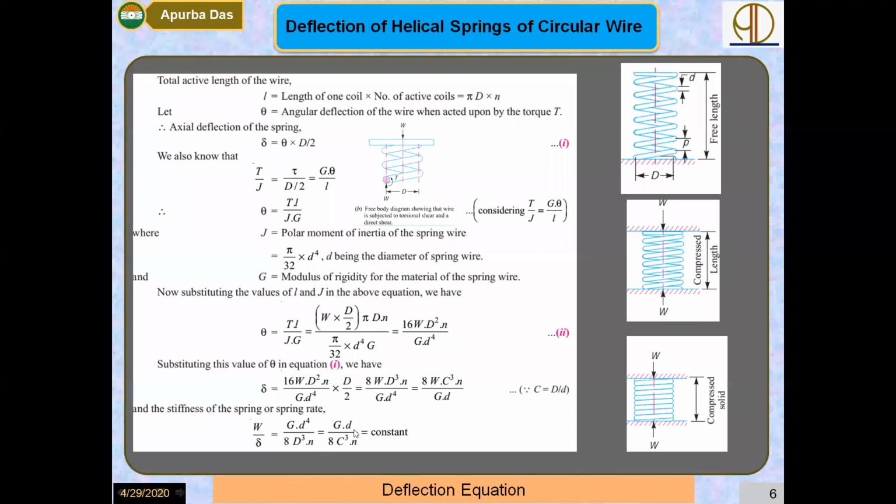So that is equal to G d by 8 C cube n. We can see that G for a material is constant, d is constant for a given spring, and this is also constant. So this becomes a constant term for a given spring of a given material.